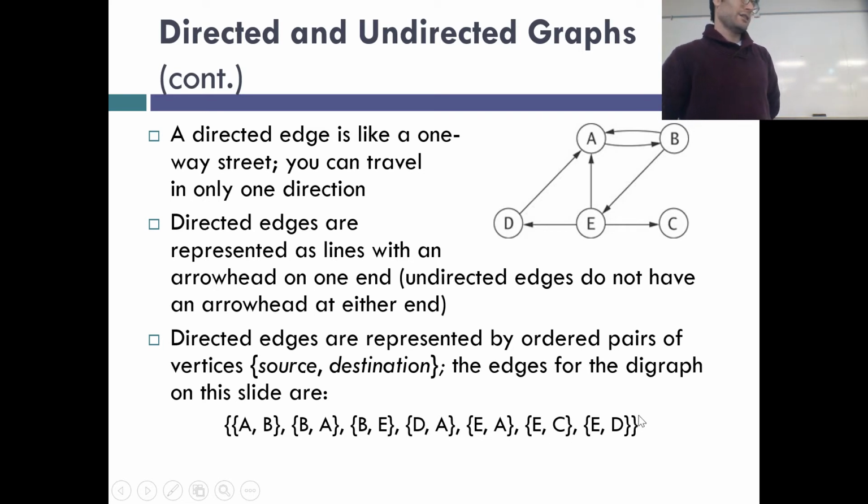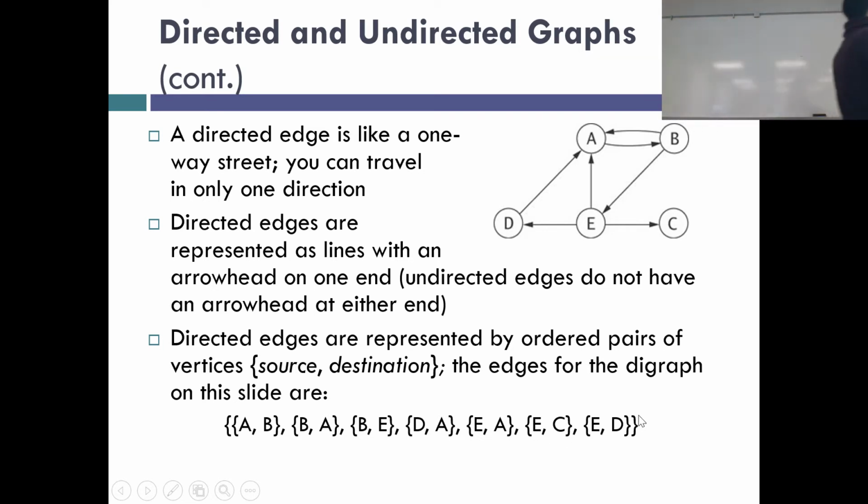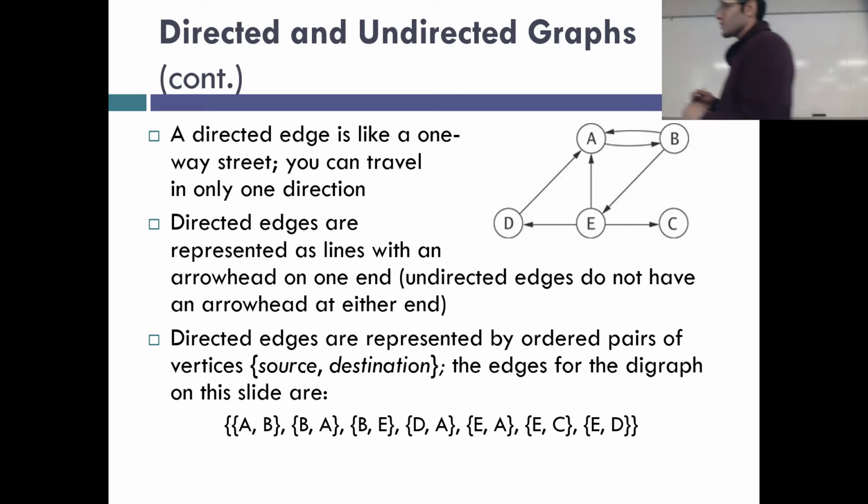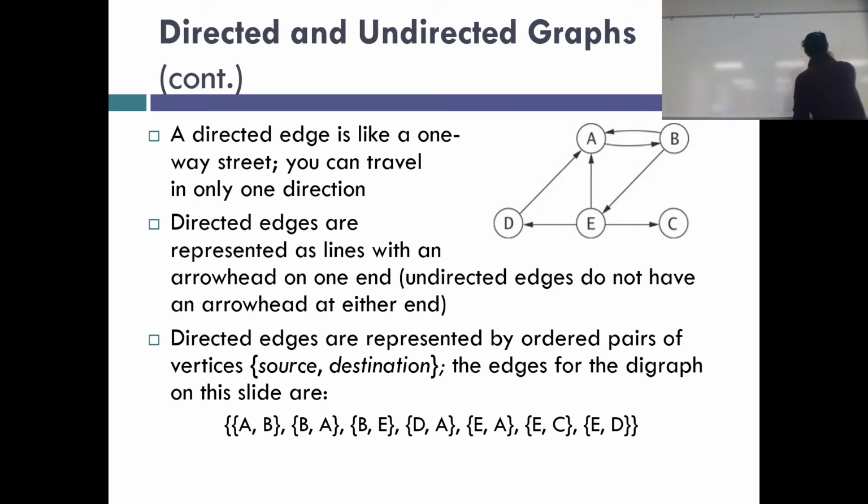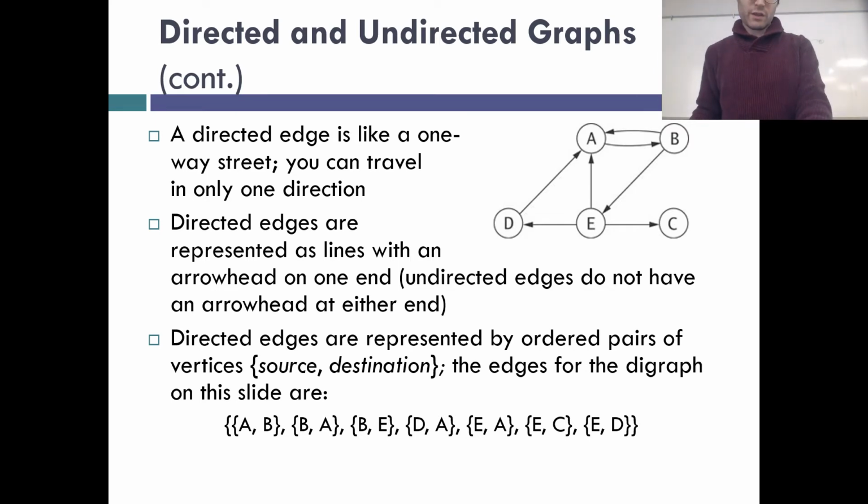And actually, this list of edges, interestingly enough, is enough to define the graph. We don't actually have to list the vertices. If we just go off the edges and say, oh, okay, so there's an edge from A to B, so I'll draw A and B, because in order for an edge to exist between A and B, there has to be something drawn there. And then there's an edge from B to A, okay?